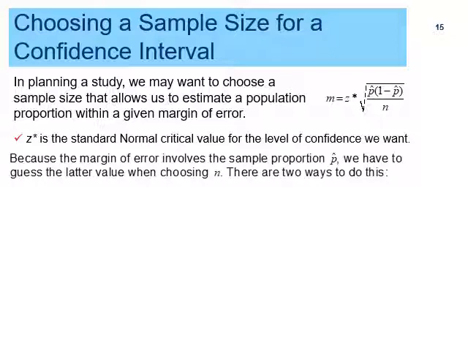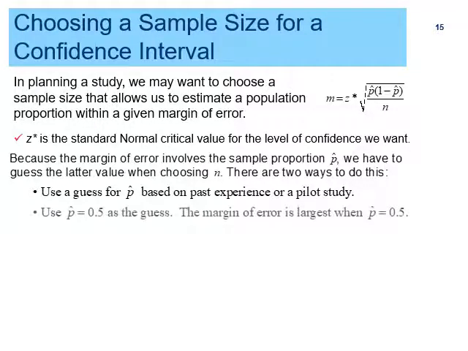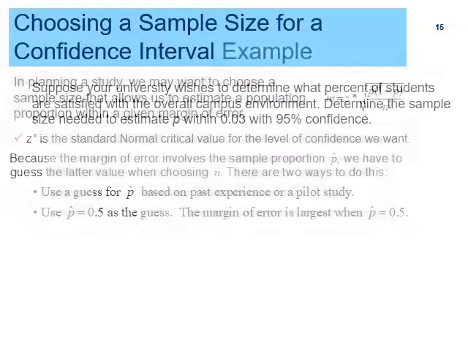Because the margin of error involves the sample proportion p hat, we have to guess its value when choosing n. There are two ways to do this. Use a guess based on past experience or a pilot study, or use p hat is equal to 0.5 as the guess. The margin of error is largest when p hat is equal to 0.5.